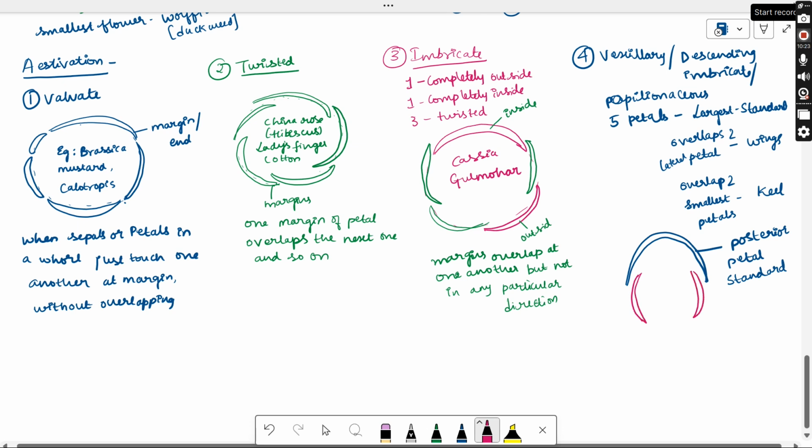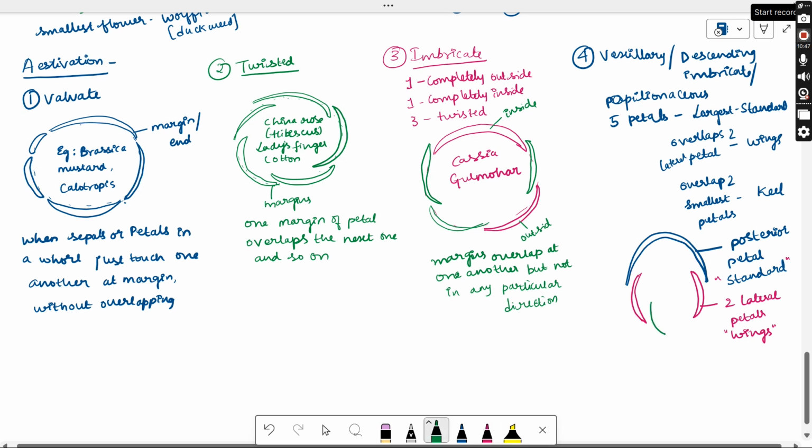So these two lateral petals which are completely covered by this standard one, these are called the wings, the small petals, and they are overlapped by the standard, and these are in turn overlapping the two more petals.